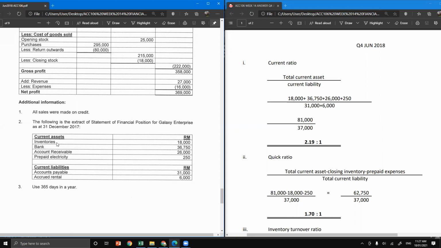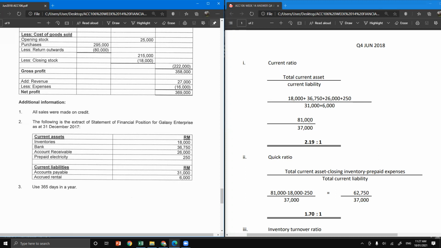Current assets consist of inventory 18,000, bank 36,750, accounts receivable 26,000, and prepaid electricity 250. Total current assets after you add them up is equal to 81,000.